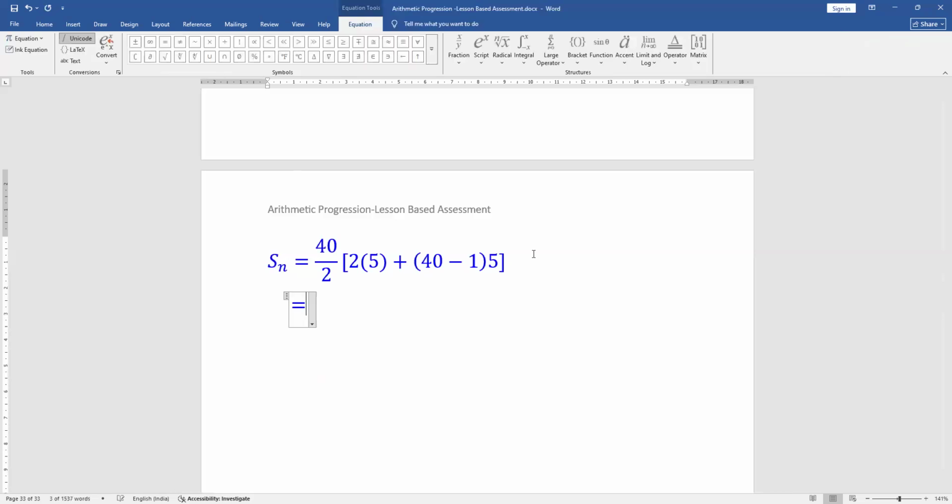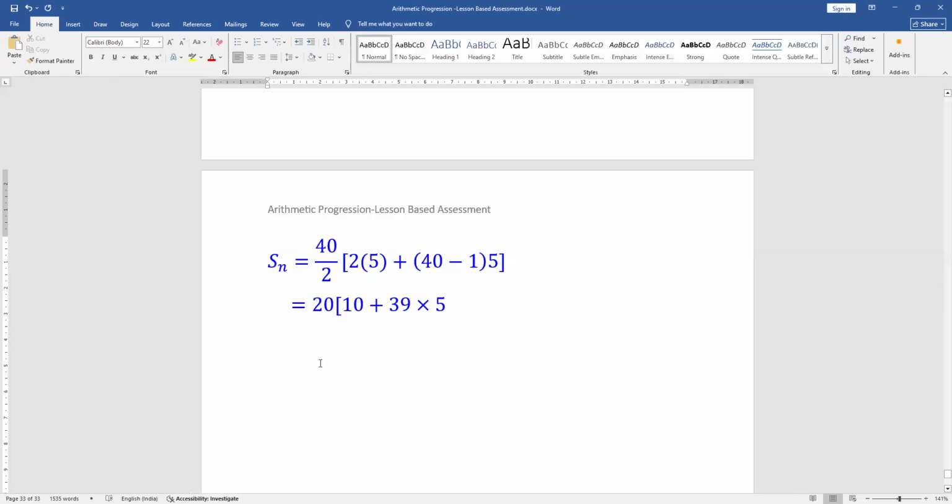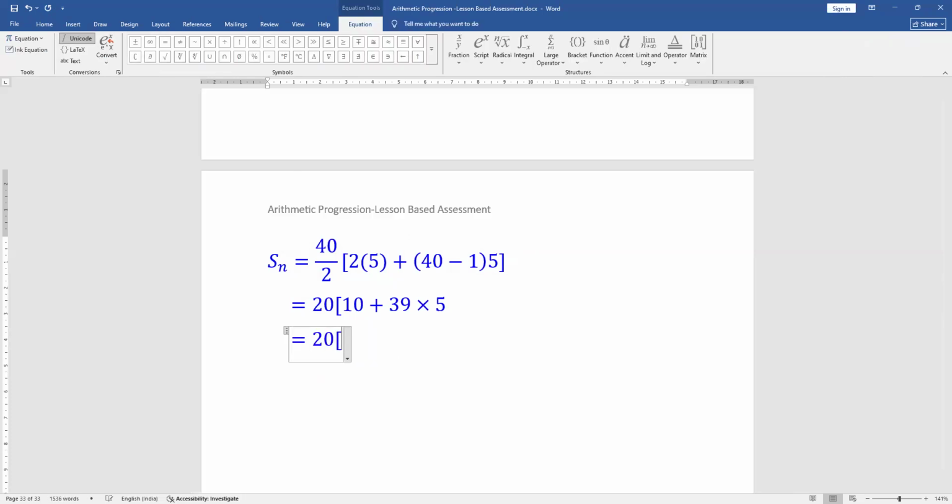Then equals 40 by 2 is 20. Bracket open. 2 into 5 is 10, 10 plus 39 into 5, where the bracket means multiplication. So 39 into 5, right? Okay. Next equals 20, bracket open, then I write 10 plus 39 into 5. 39 into 5 is 195.